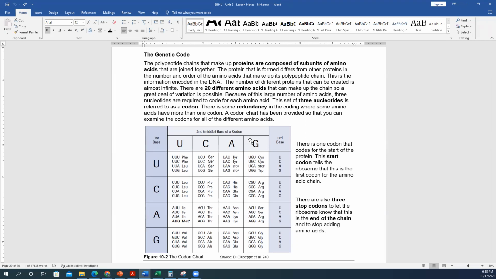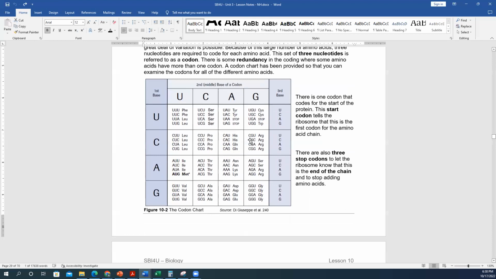What you can see looking at this chart is that highlighted in bold is the start codon. This is the codon that's recognized by the ribosome to mean the beginning of the amino acid chain. So this is always the start.